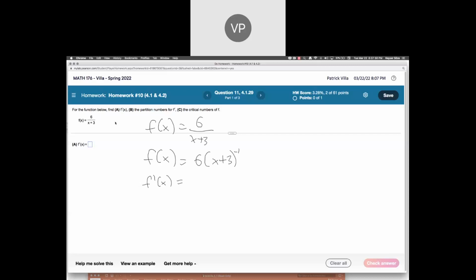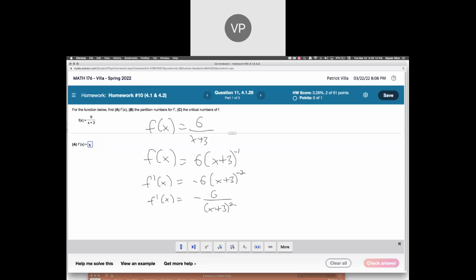But I'm going to bring that -1 up front, and my new power is -2. This is my derivative. Chain rule, because it's x plus 3, the derivative of the inside is a 1. I don't have to make any modifications. So my derivative is -6 over (x plus 3) squared. Okay, so now that's the first question.